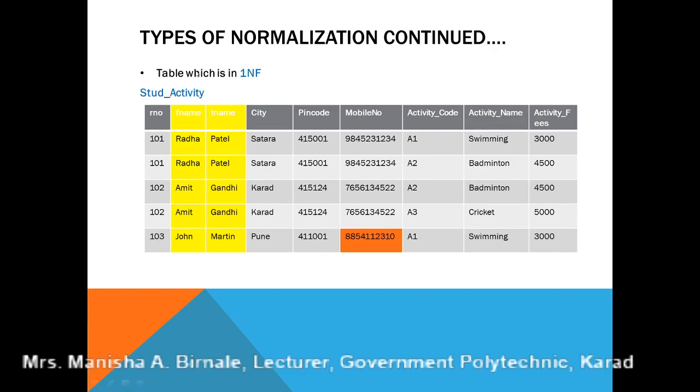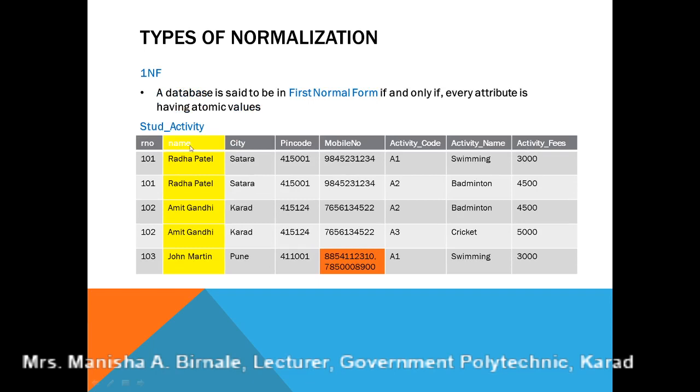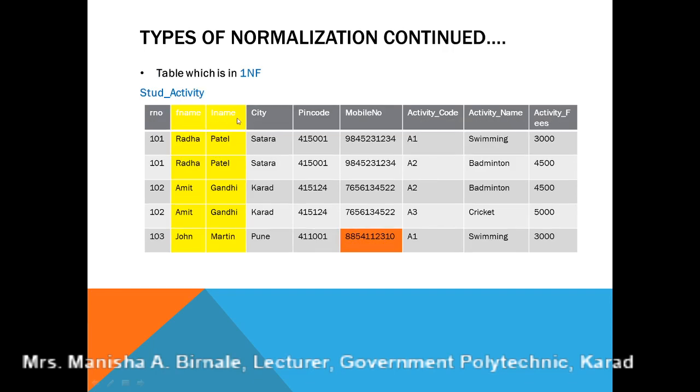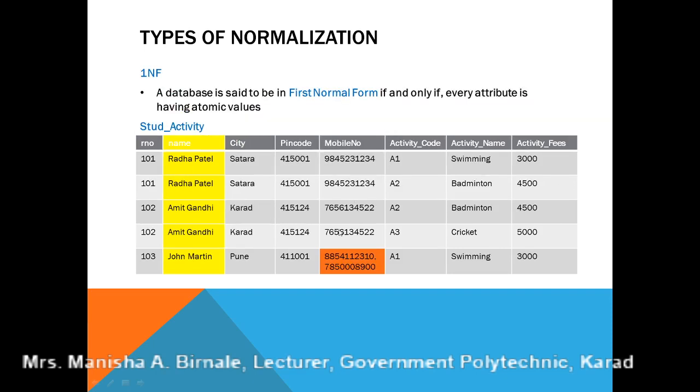Now this is a table which is in first normal form. What have we done here? The name column was not having atomic values. It is composed of first name and last name. So this column is split into two columns, F name and L name, and now each column has atomic, that means indivisible, values. Now mobile number was a multi-valued attribute. There were two mobile numbers, so this is not an atomic value.